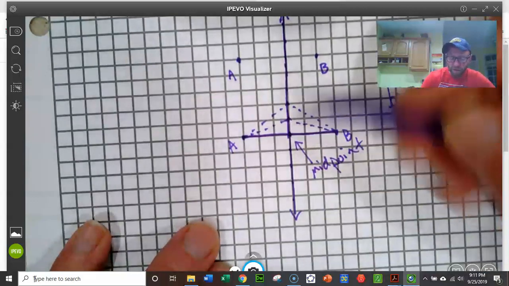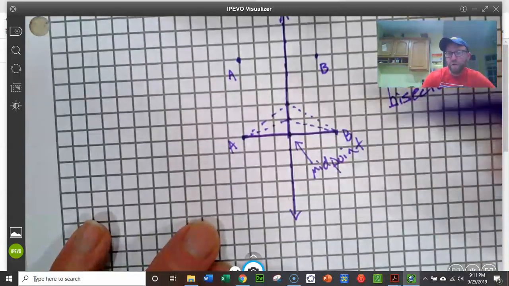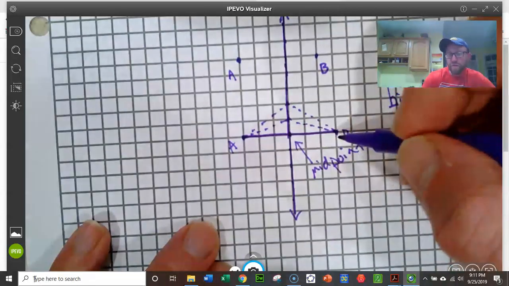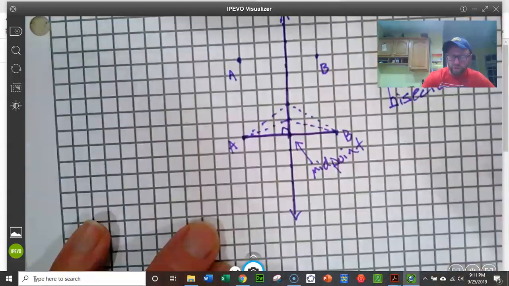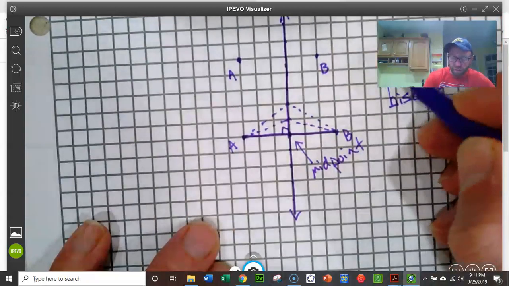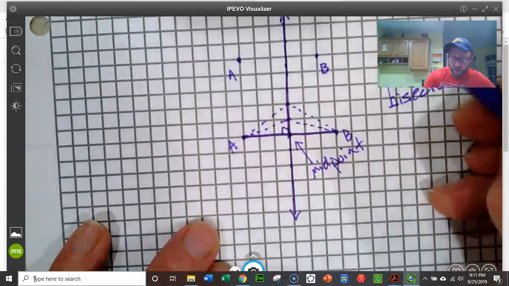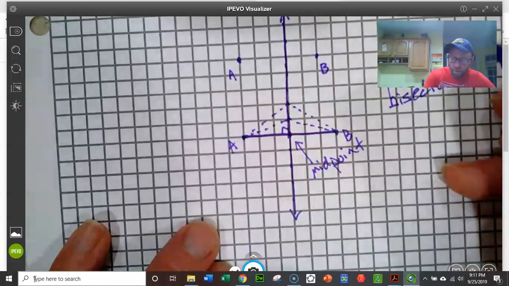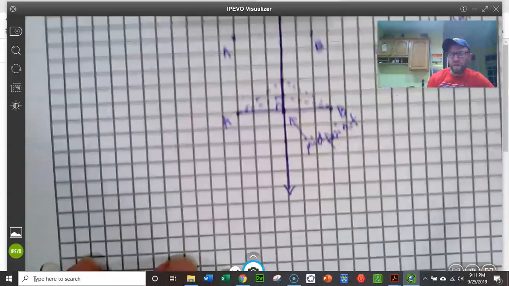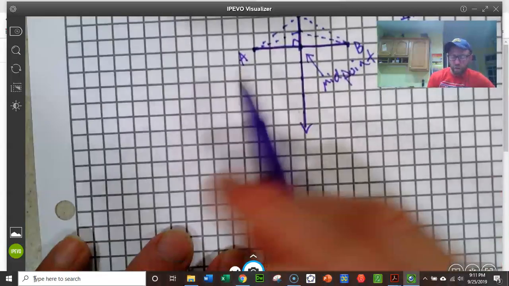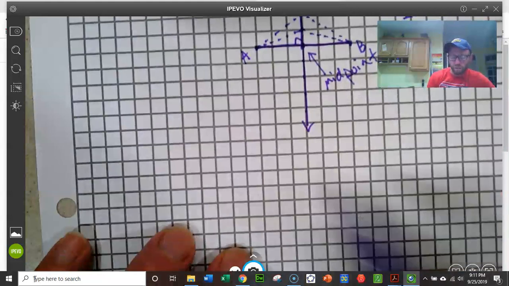Also, it is perpendicular to the original. So notice the original segment was horizontal, and the new line here is vertical, so it's perpendicular. It meets at right angles. So it's the perpendicular bisector.